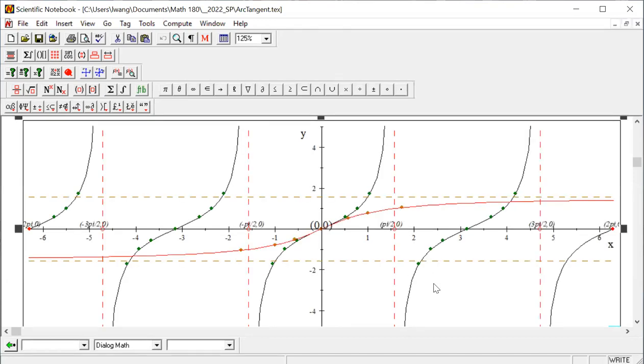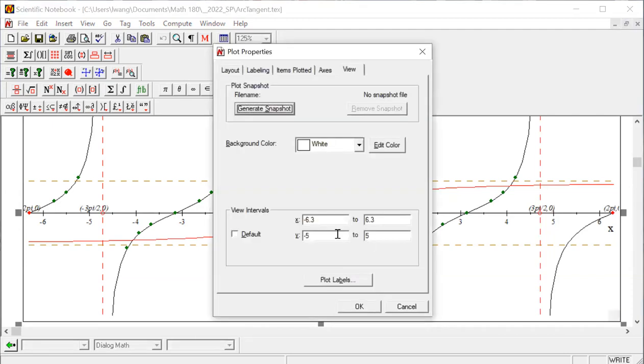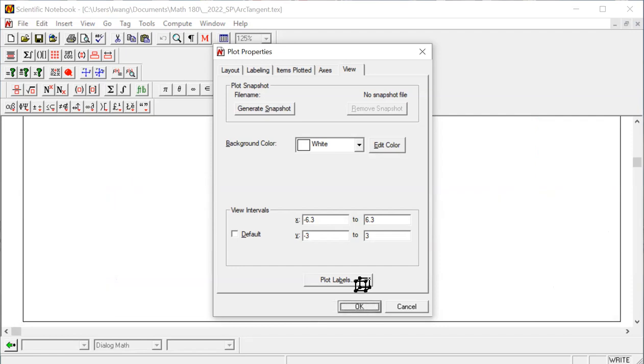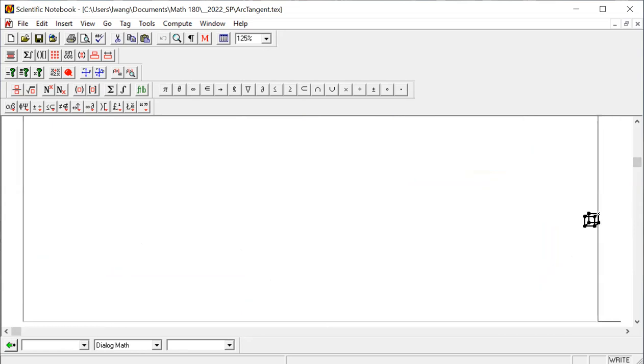I want you to see that symmetry. You see the scale is not, this is 2. Let me do this, okay. Make it 3. Let me come back with 3. Okay, see that will make it better. Yes, this is better.